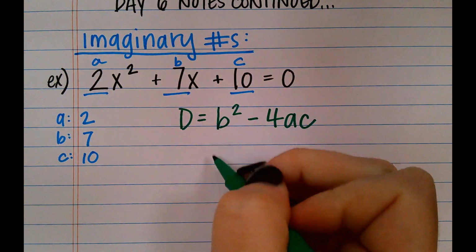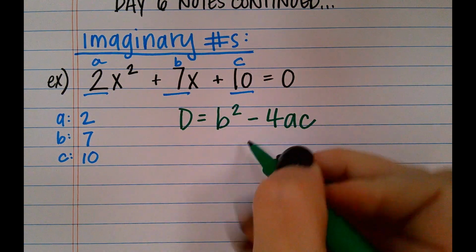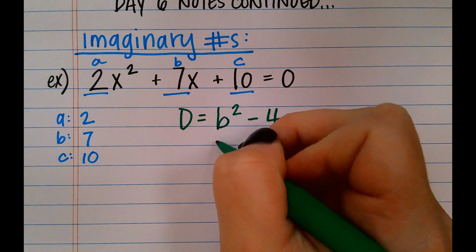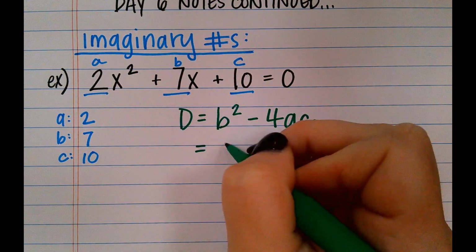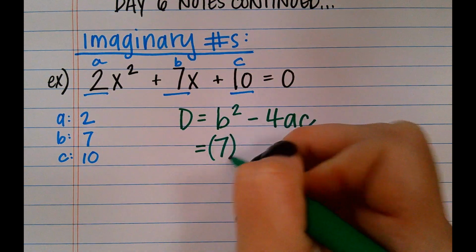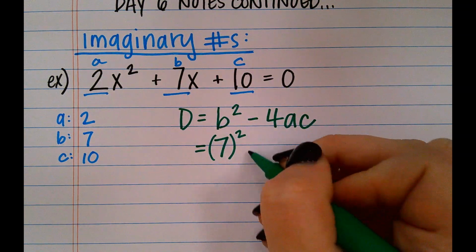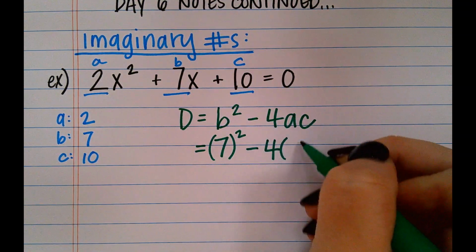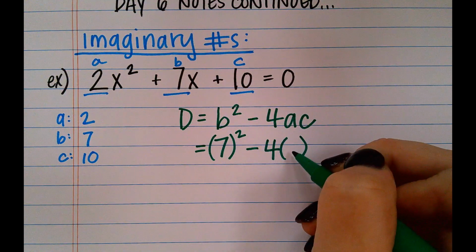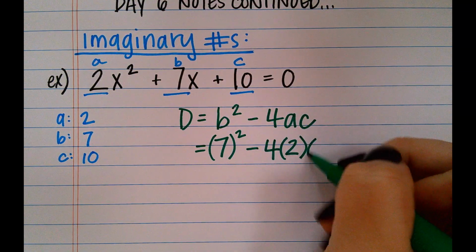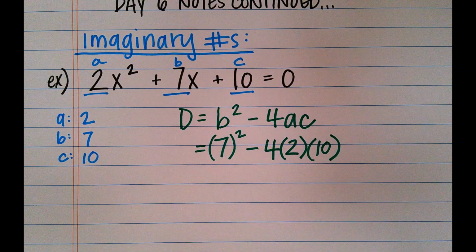Okay, so what's my b again? 7. So we're going to replace b with 7 squared minus 4 times a is 2 times c is 10.